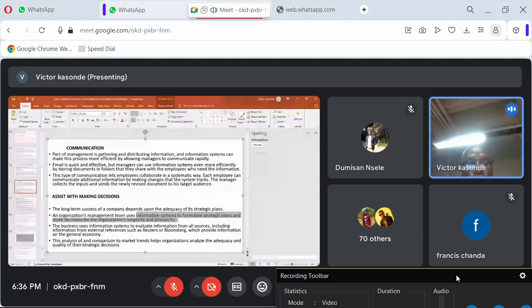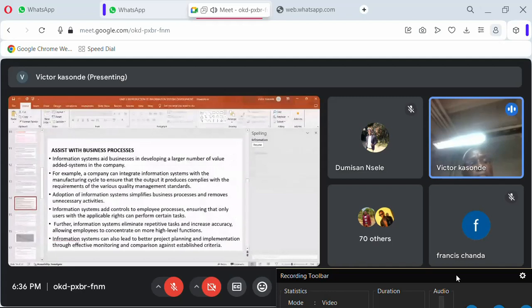So here they are saying information systems can help make long-term decisions and plans. I talked about making a long-term plan about the company, what a company can do in 5 years.